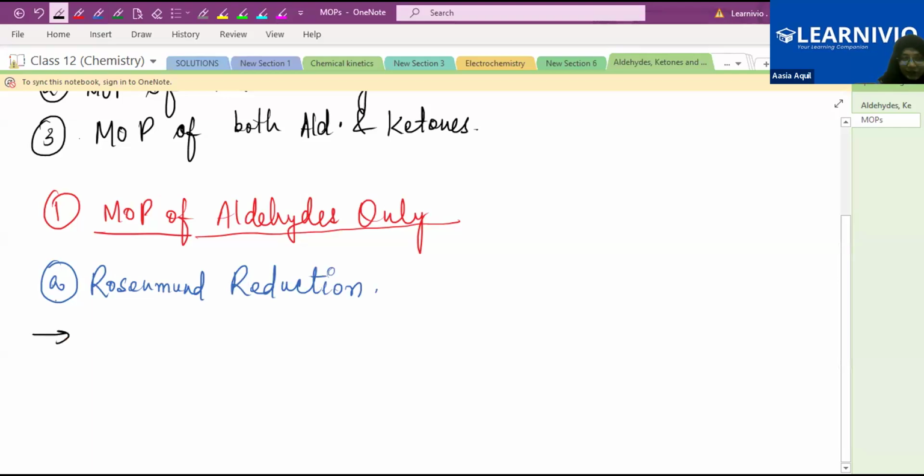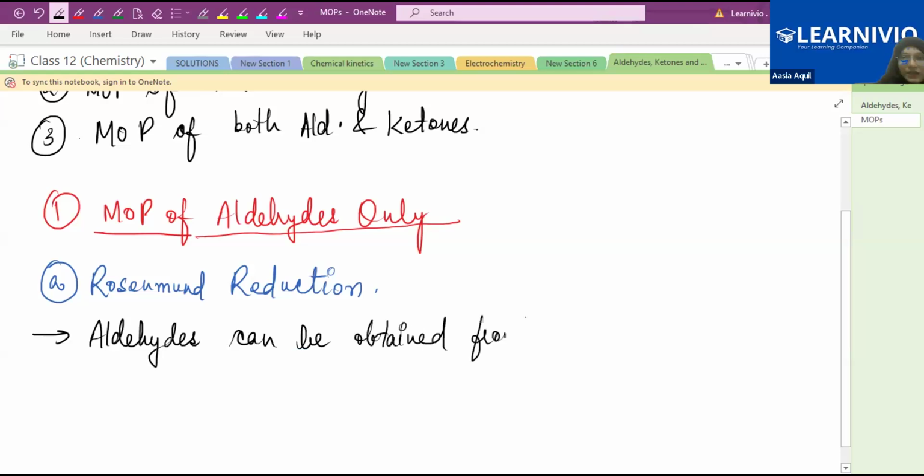Let's understand this reaction. So Rosenmund reduction, basically aldehydes, write down along with me, aldehydes can be obtained from acid chloride. Basically, in this type of reduction, Rosenmund reduction, we use acyl chloride. And what is acyl chloride? RCOCl.